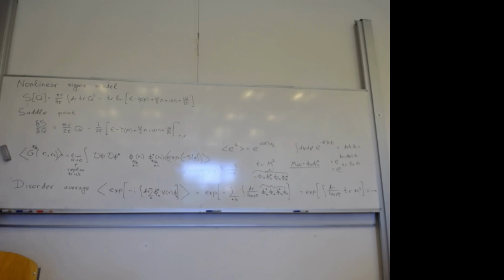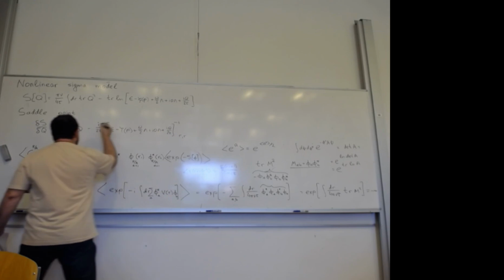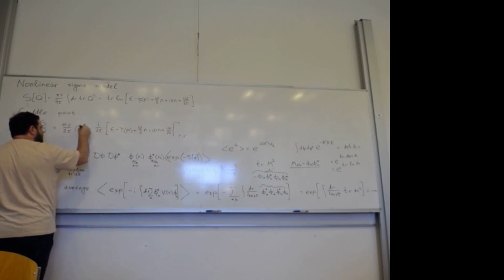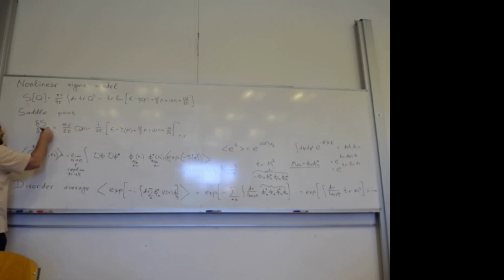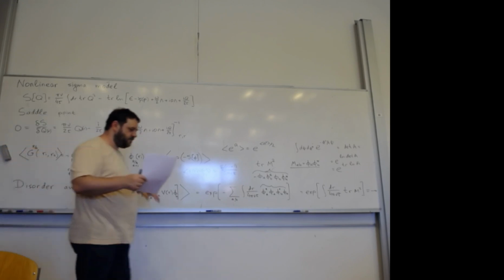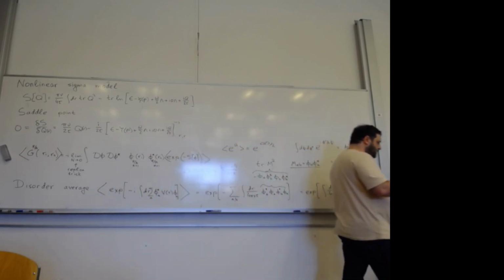It's a diagonal matrix element of this operator taken at the point R, and Q is taken at the same point R, because the derivative is taken with respect to Q at the same point R. And this should be 0. Whenever it's 0, we have the minimum of the action.